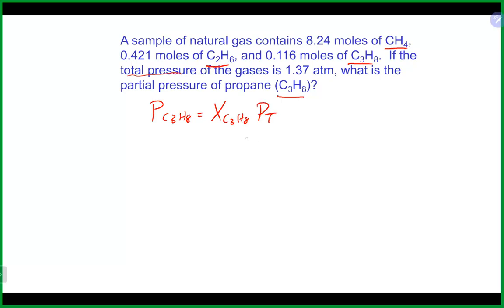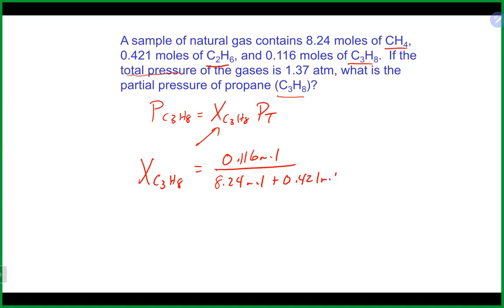So we could calculate the mole fraction of our propane by taking the moles of propane, which in this case was 0.116. And we're going to really just divide it by the total moles, which would be 8.24 moles for methane, 0.421 moles for our ethane, and 0.116 moles for our propane.